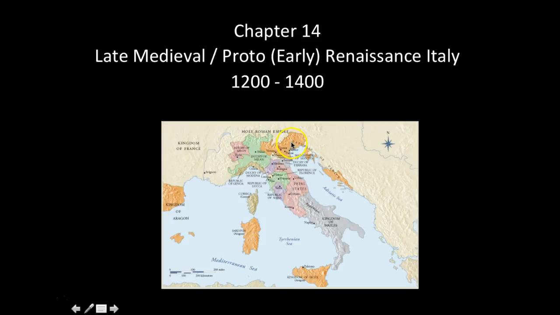Venice will also play an important role in the Renaissance at different times. And then another area of note is Siena, which is down here, the Republic of Siena. I'll talk about that one as well when we get into that.